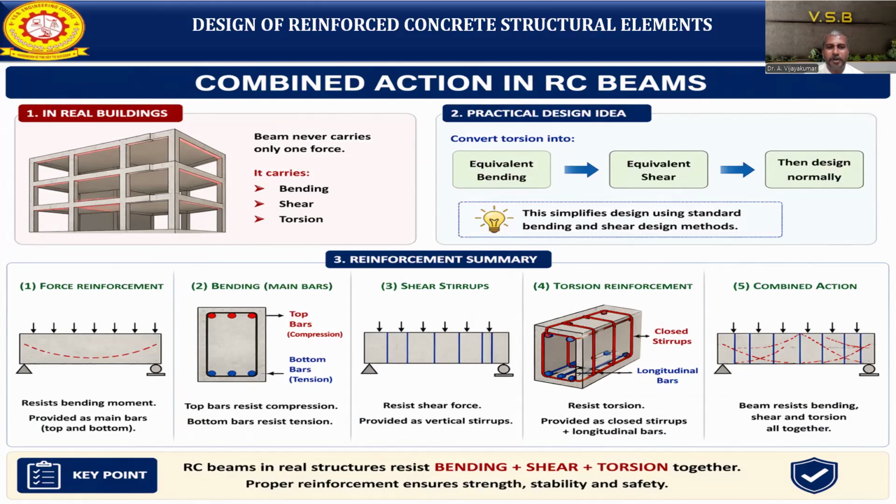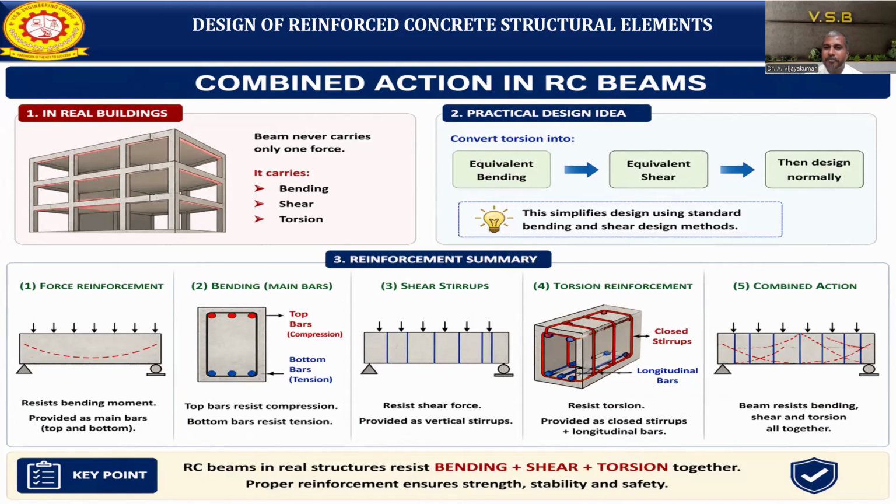The top bars we can call compression reinforcement and the bottom bars tension reinforcement: the top bar resists the compression and the bottom bar resists the tension. In the reinforcement summary, shear stirrups resist the shear forces and are provided as vertical stirrups. Shear cracks mainly occur in the support section at approximately 45 degrees, so we need to provide shear reinforcement.